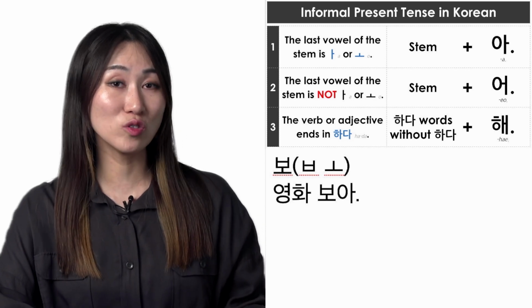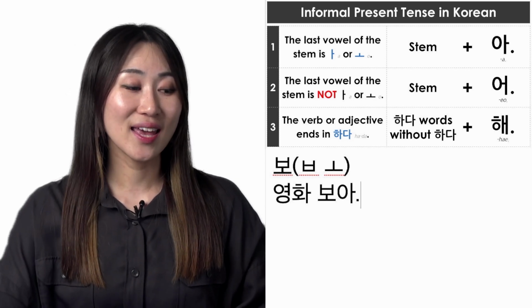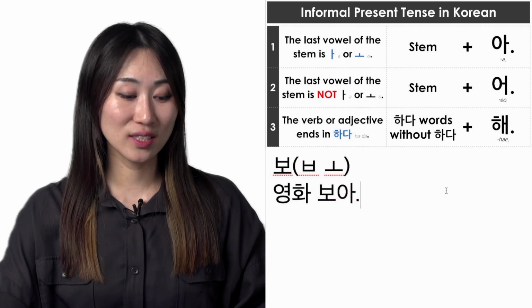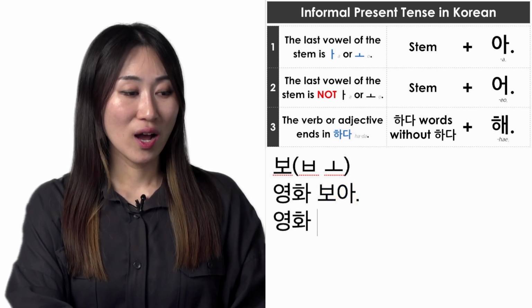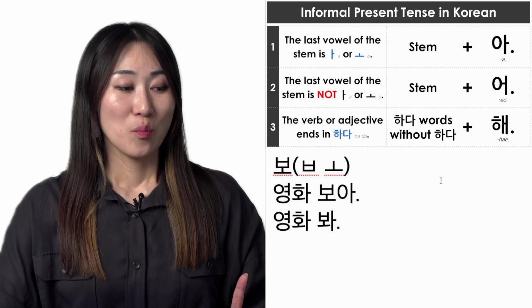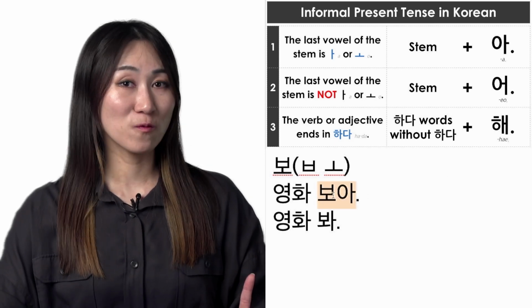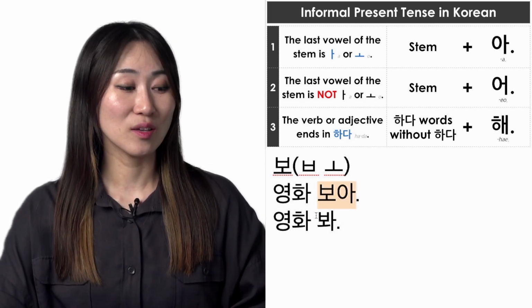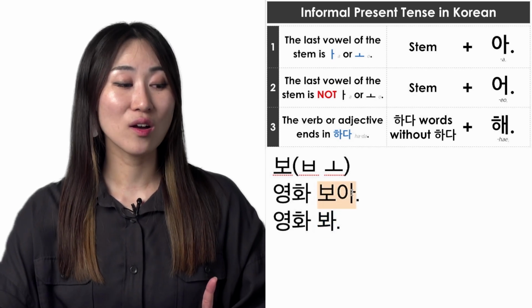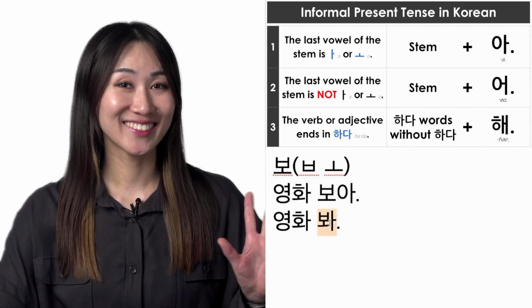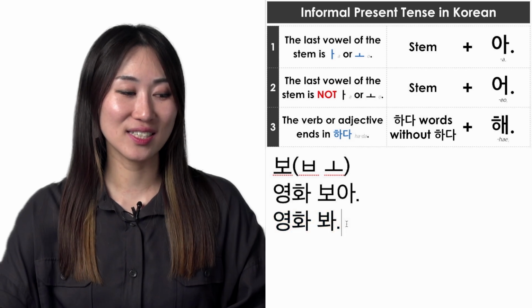So, I'm watching a movie. And this can be shortened as 영화 봐. 보아 is the original form, but when you pronounce it quickly, it becomes 봐, right? So it can be shortened like this.